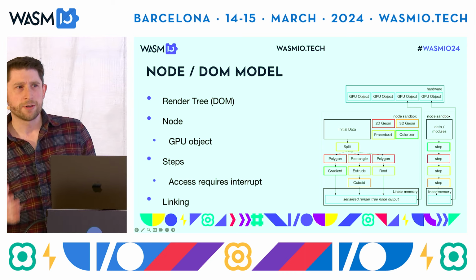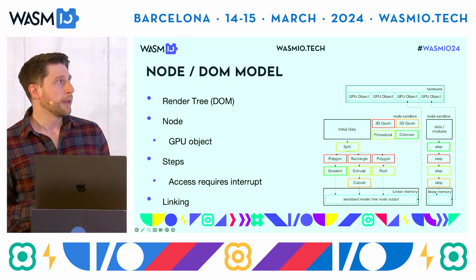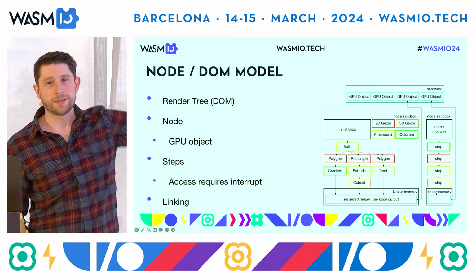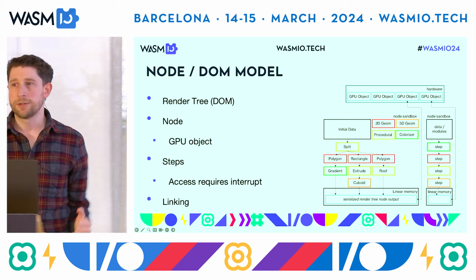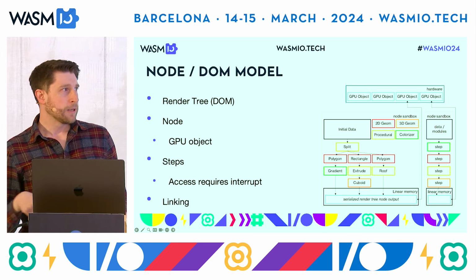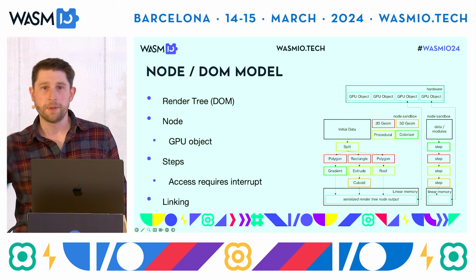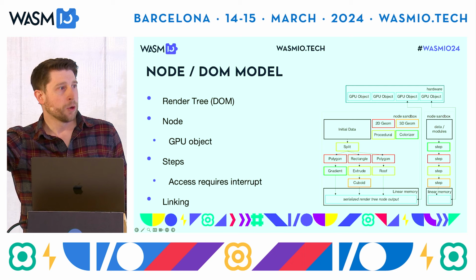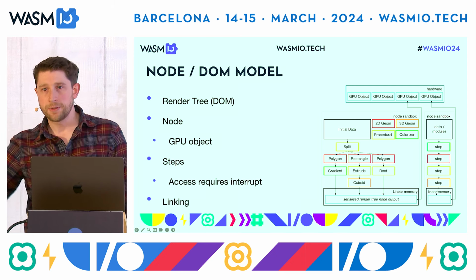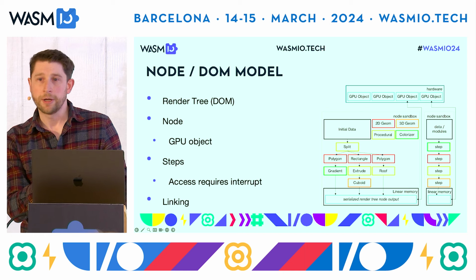There are some design trade-offs I don't want to get too deep into between what is a node and what is a step. When you're running a DOM, like a node tree or a render tree, you can have every individual step within that tree be backed by a GPU object. Or you can run all of that CPU side and end up with just the end result backed by GPU memory.